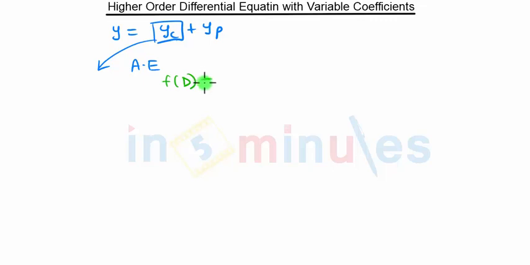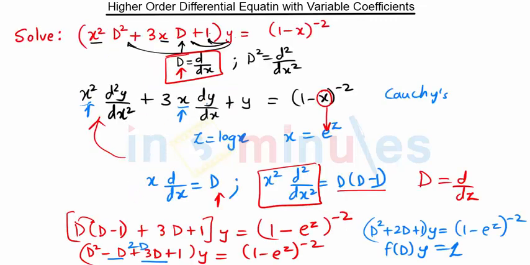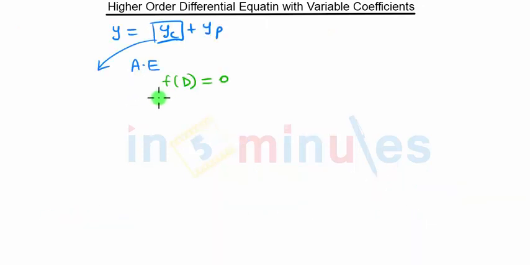So the solution of this type of equation is given by y equal to yc plus yp. Now we will concentrate on yc. To find yc, we need an auxiliary equation, and auxiliary equation is given by f of D equal to 0. What is f of D? F of D is nothing but this term equal to 0, which is D square plus 2D plus 1 equal to 0.